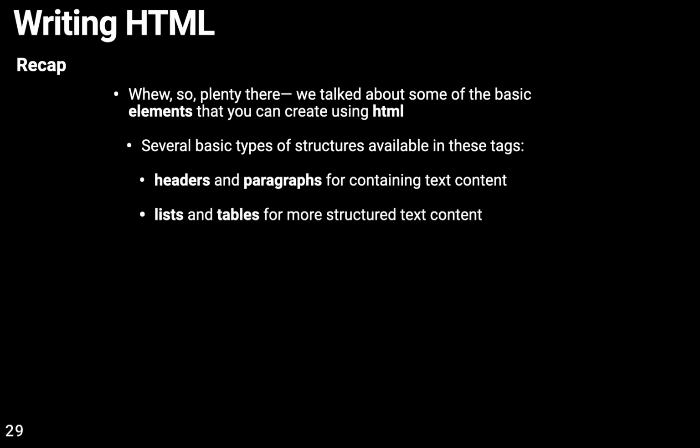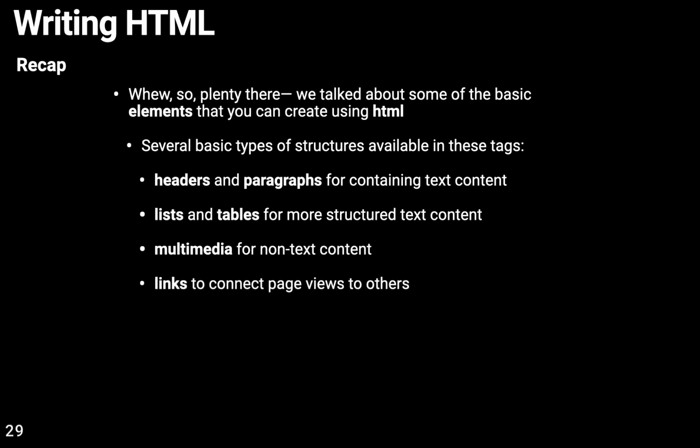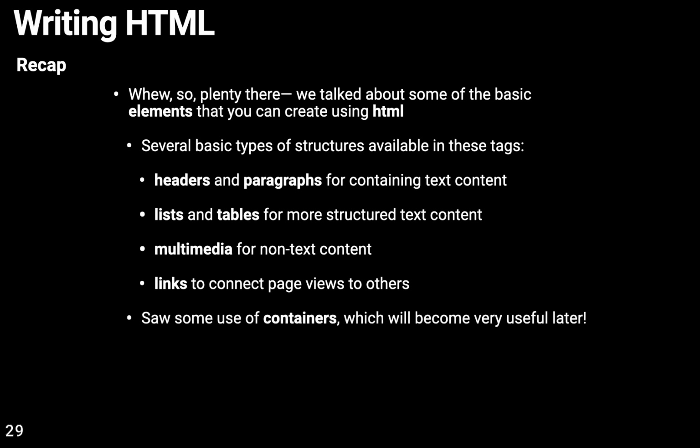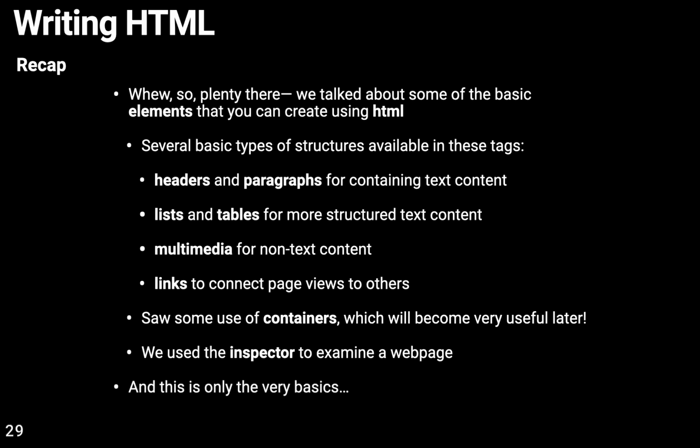We have lists and tables for more structured text content, not just the basics. We have multimedia for the non-text content out there. And then we have links for connecting page views to other pages. We saw a little bit of how containers exist and are something good to keep in mind. And we also used the inspector to examine a web page. And that's just the very basics, right?